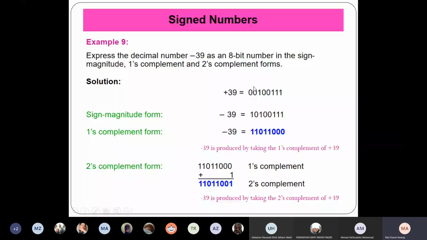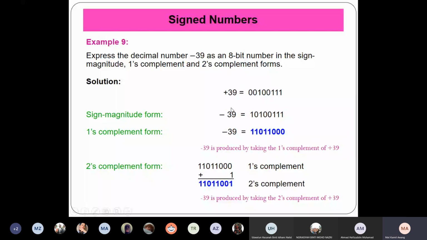This is where you use the conversion from decimal to binary, which we learned in the last lecture, right? So this is the number, 2, 4, 6, 7, 8 bits. So this is positive 39.